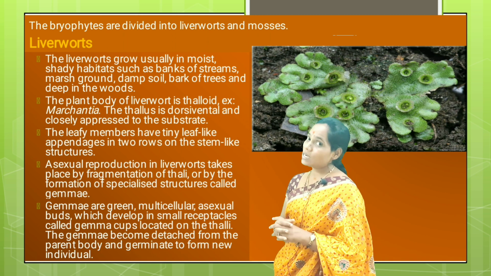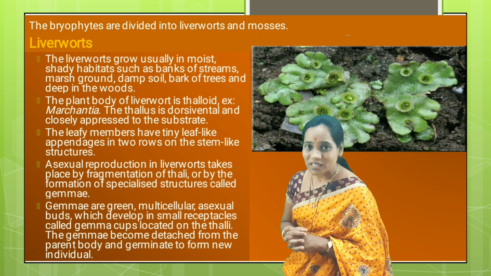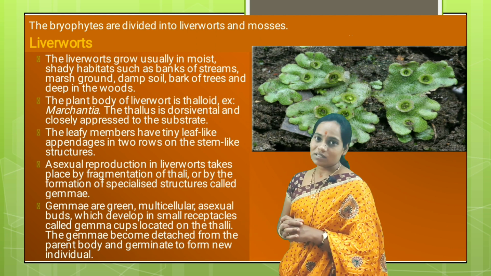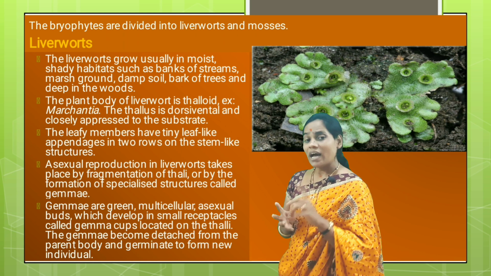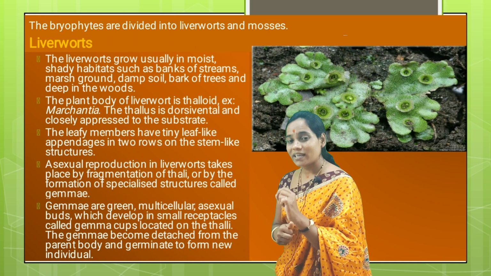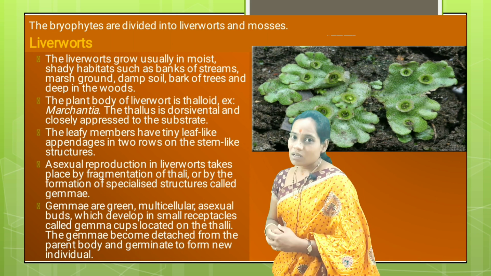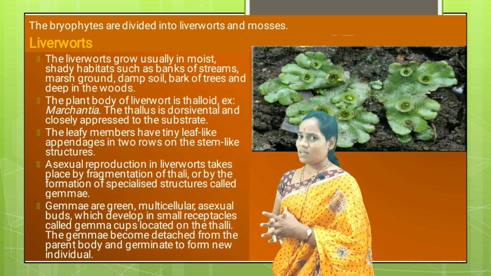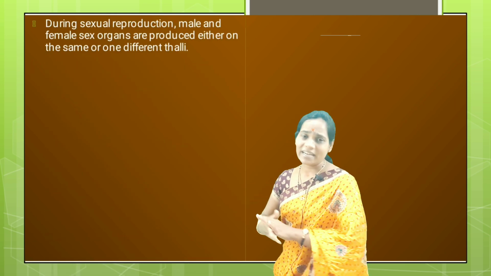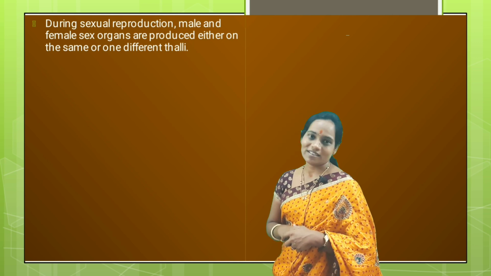This is about the asexual reproduction and vegetative method which we see in the liverworts. I said liverworts also reproduce by the sexual method. Sexually, as usual, they produce male and female gametes. But for producing male and female gametes, the sex organs are essential.